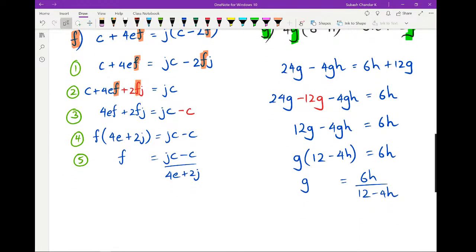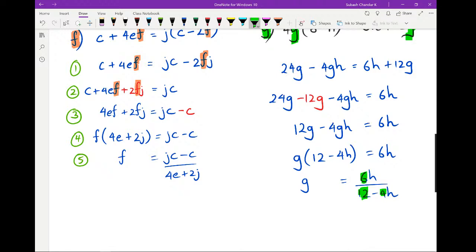Now, some of you might think, yep, I'm actually good, I can leave the answer here. But remember, I told you guys you have to have a look at the numbers and see if you can simplify it further. In this particular case, you can, because you've got a bunch of even numbers here.